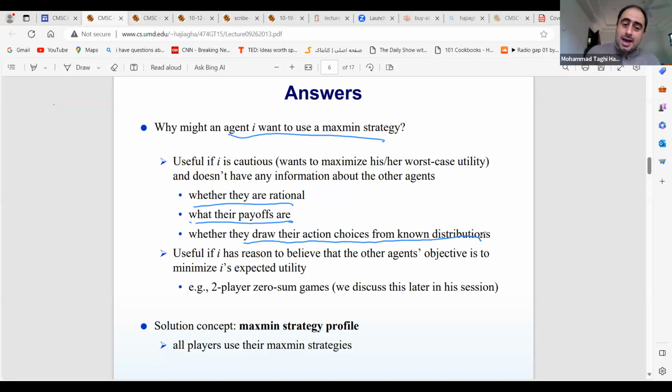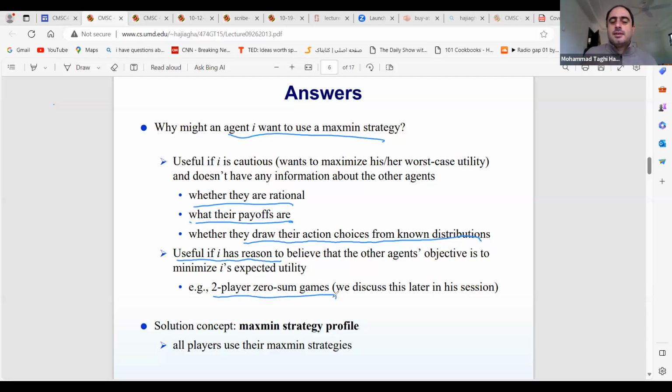More interestingly, as we discussed, this might also be useful if agent one has reason to believe that the other agent's objective is to minimize I's expected utility. It might not always be the case, but in particular in two-player zero-sum games, which we will discuss, this will happen.